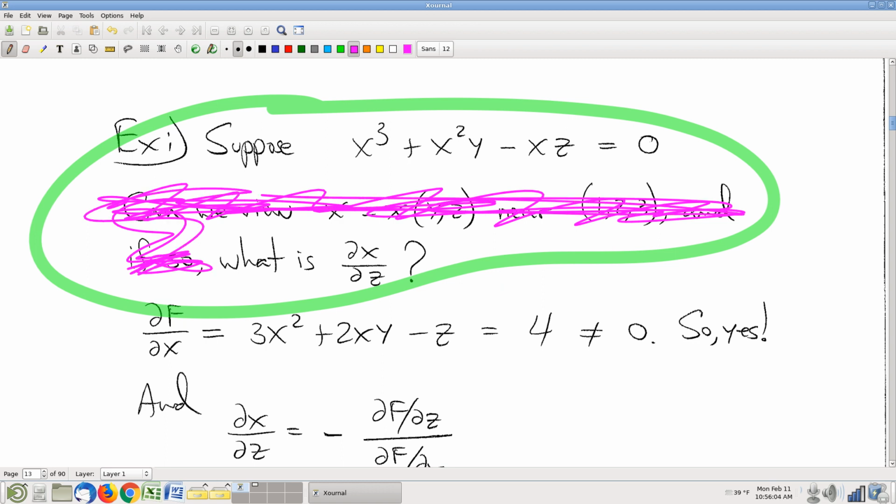You'll see stuff like this. Here's an equation. What's the partial of x with respect to z? And it's your job to remember that that question is getting ahead of itself. It's asking me to take a derivative of something when it's not even clear that this thing is a function.